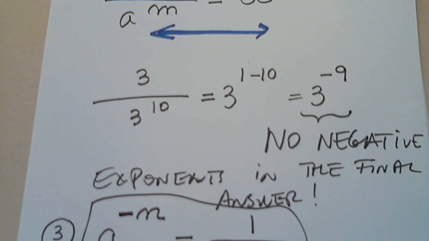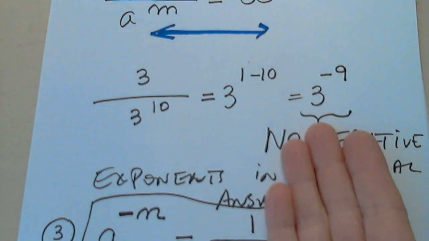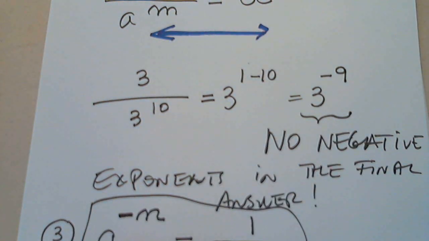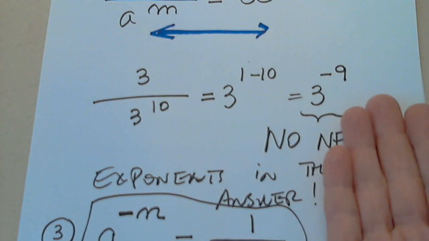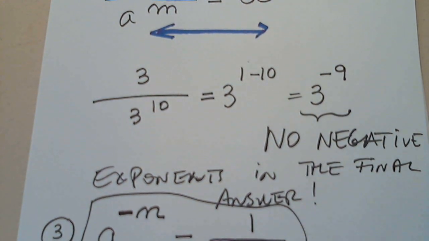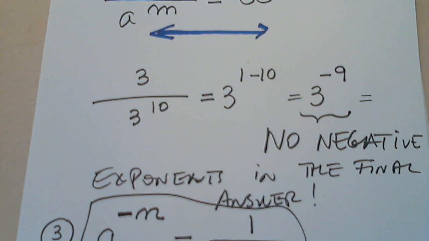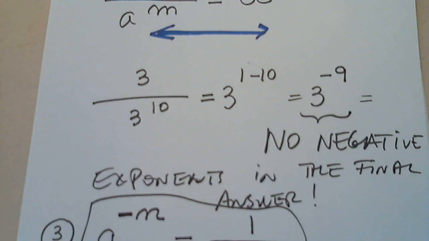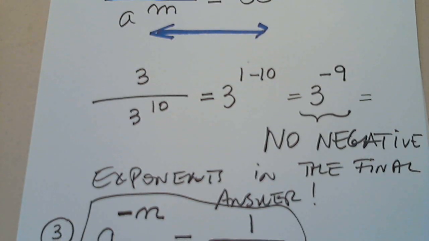So, coming back to our answer, can anyone use this rule and tell us the final answer for 3 raised to negative 9? How would you write the final answer?